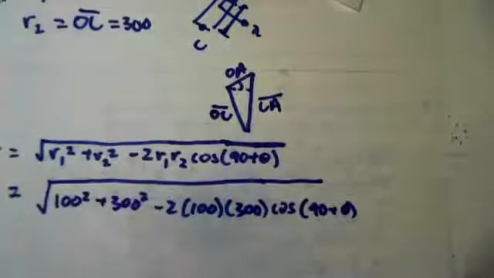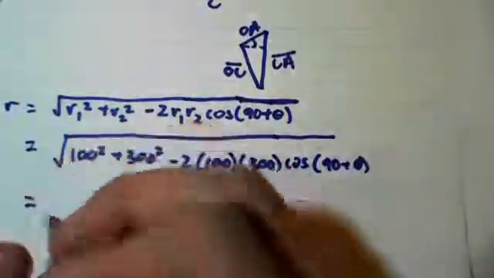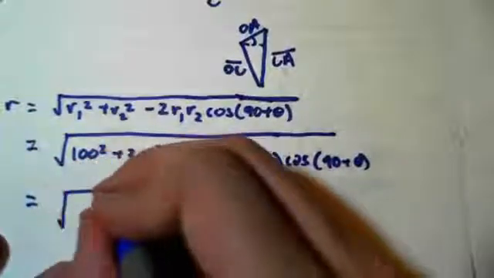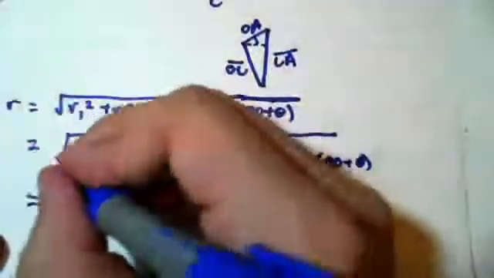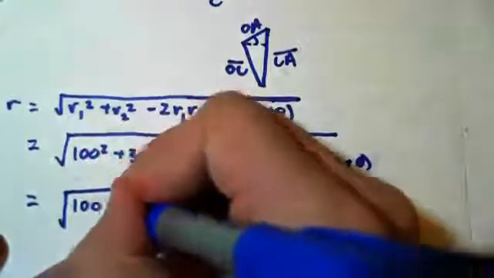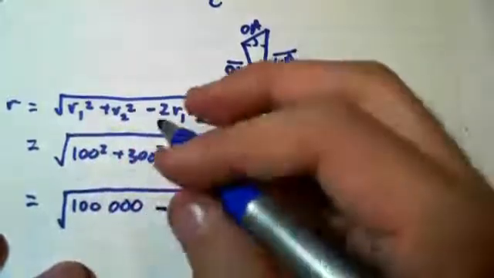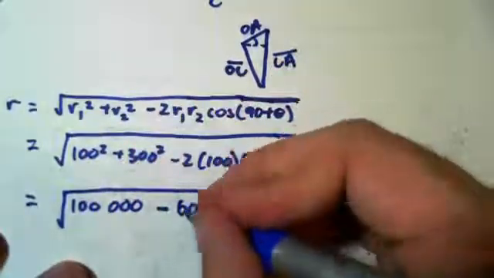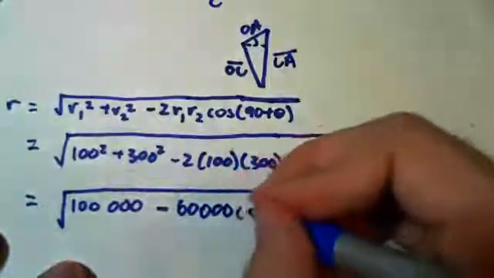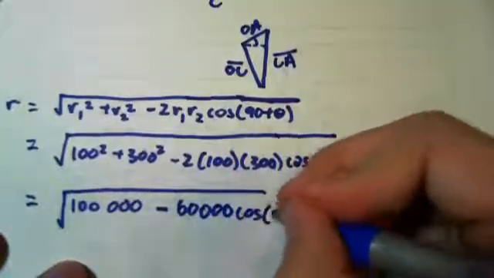So what we end up with is the square root of 100,000 minus 60,000 cosine of 90 plus theta.